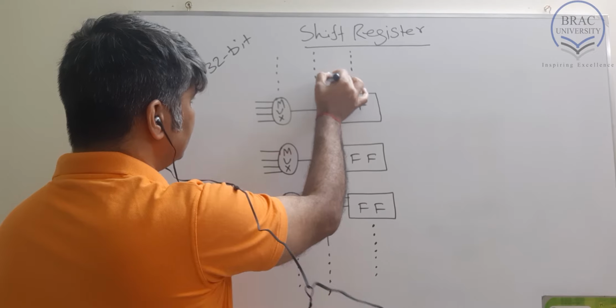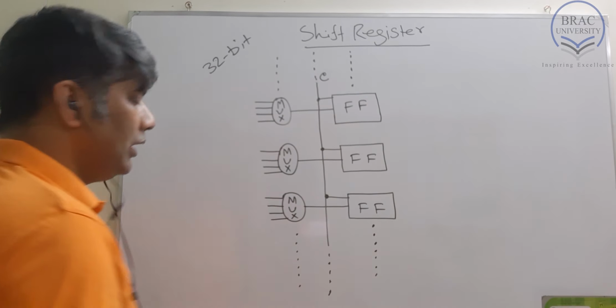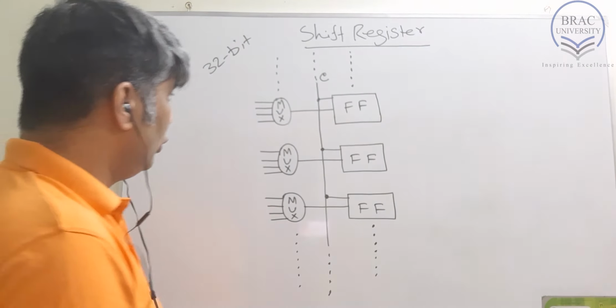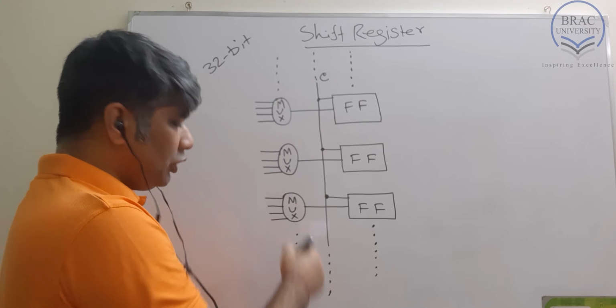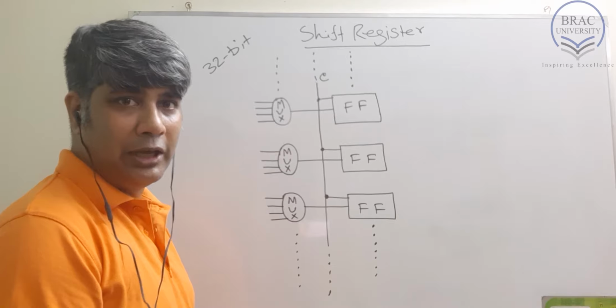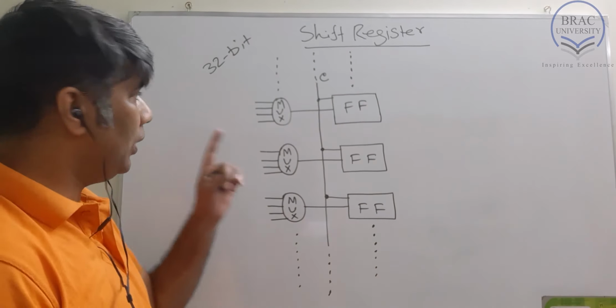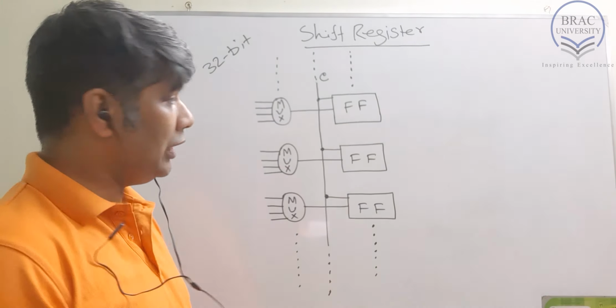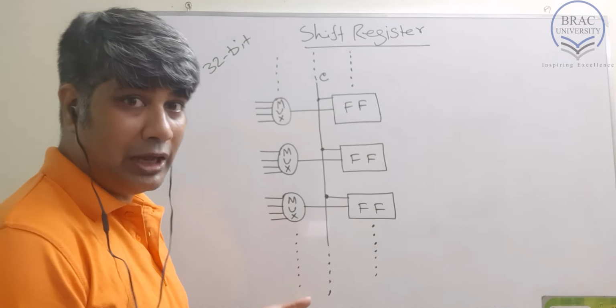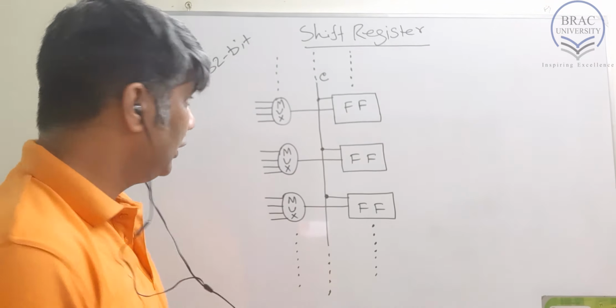Let's write C here just to indicate the common clock. Now what are we missing here? We have four inputs for each of these multiplexers, and we have already discussed that among these four only one can go to the flip-flop. That means we need a selector, and that selector will have 2 bits.